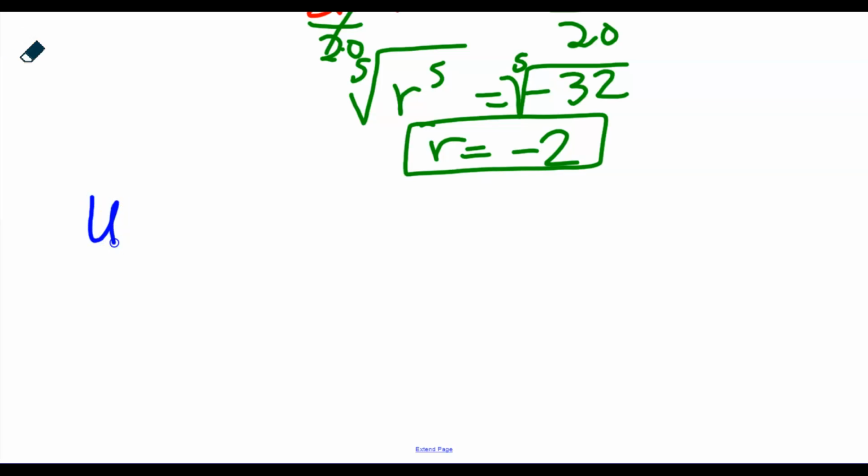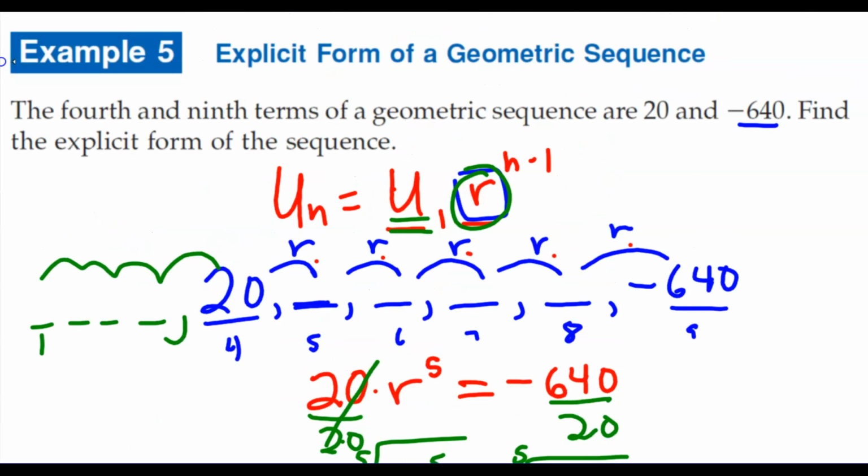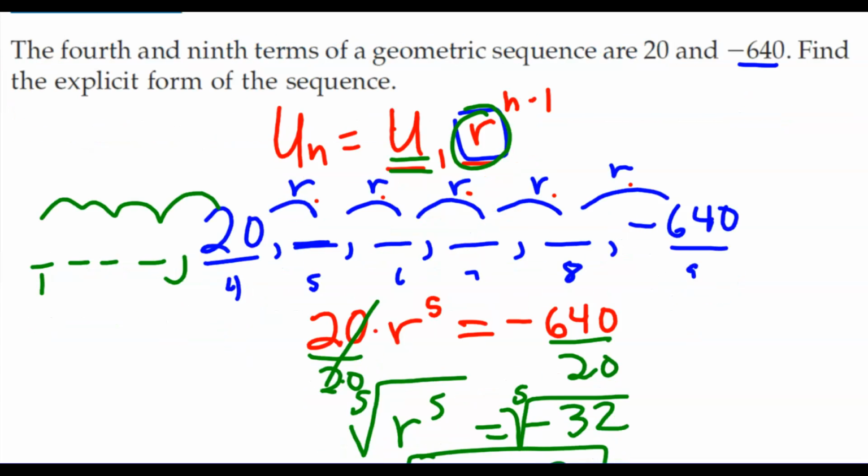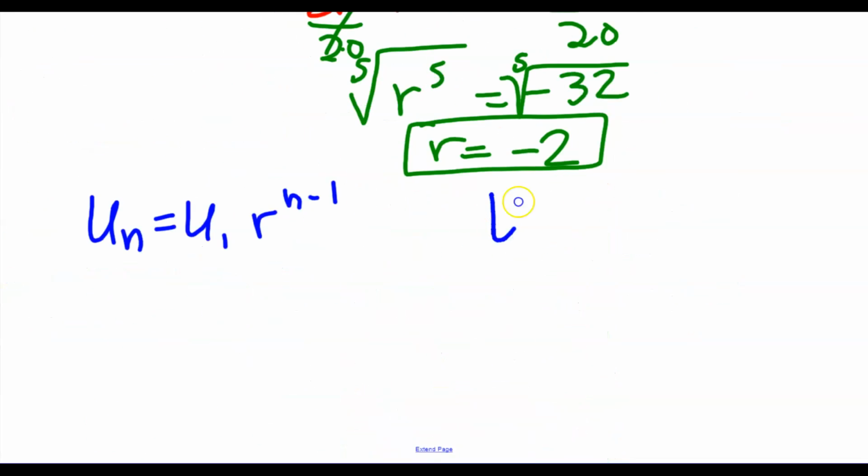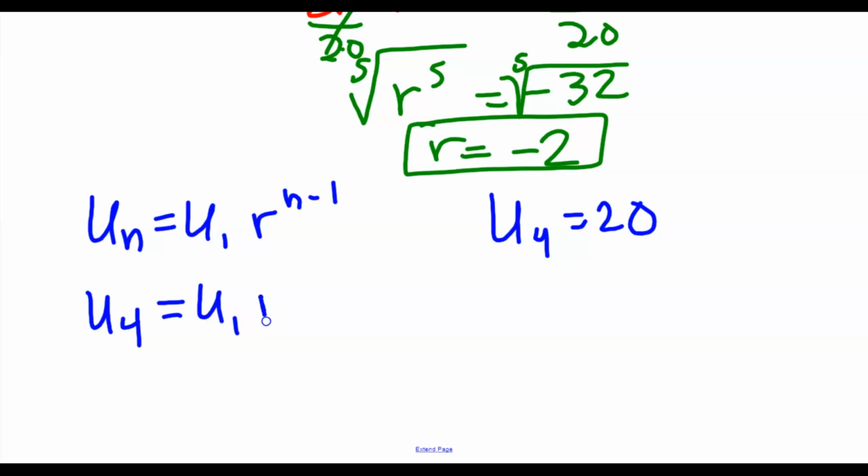You take the form un equals u1 times r to the n minus 1, and you pick one of the terms that are given to you in the problem. Let's say the fourth term, which is 20. So since the fourth term equals 20, then I can say u4 is equal to u1 times r to the 4 minus 1.